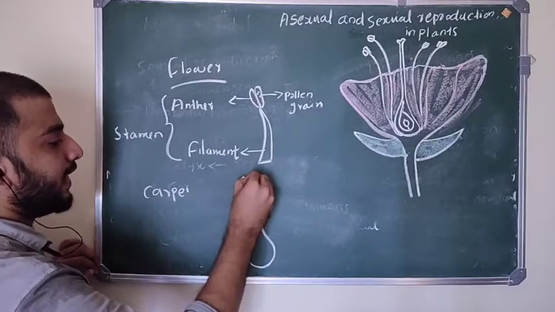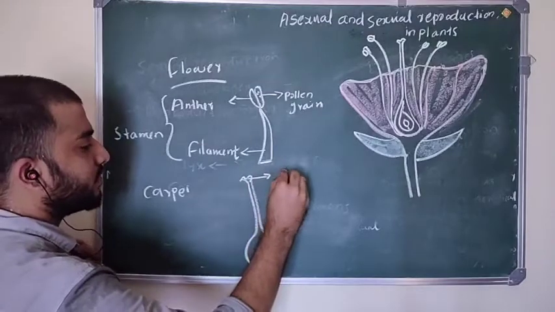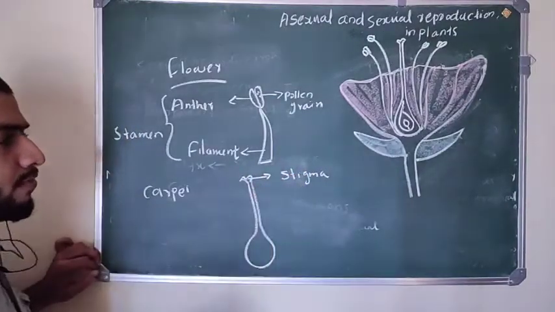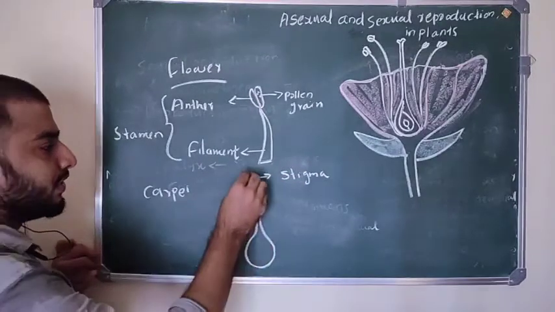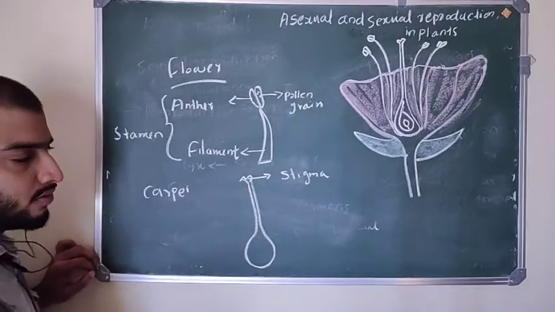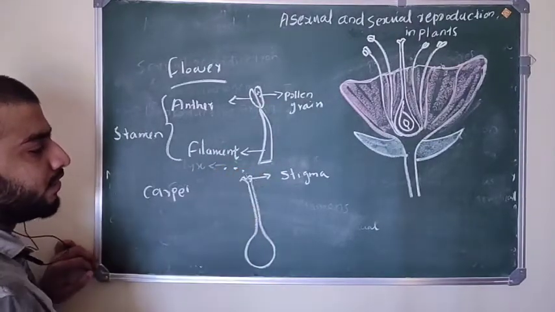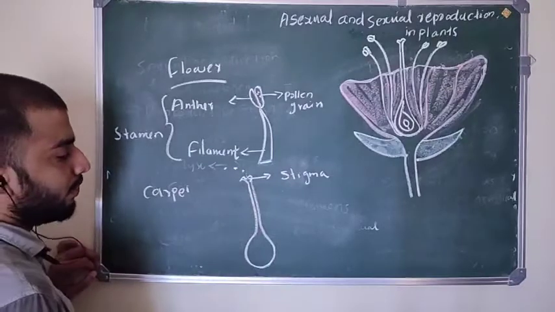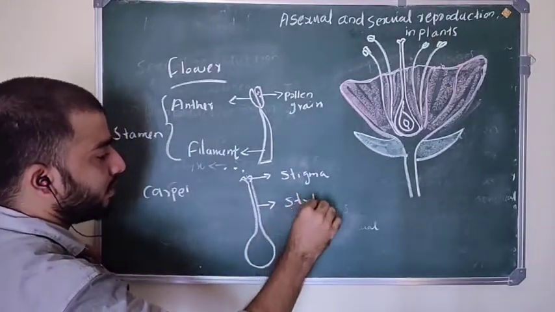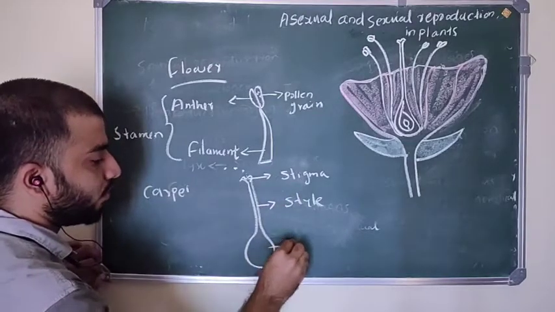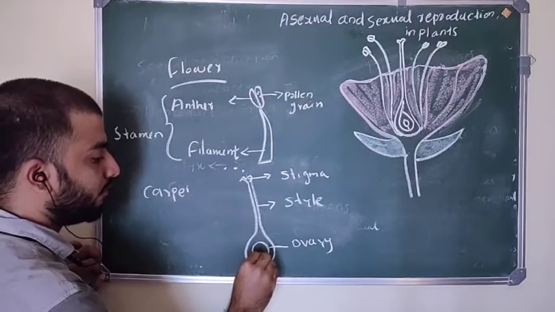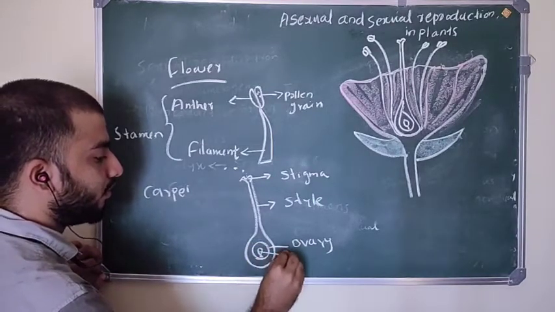At the top there is a knob-like structure, the stigma. Pollen grains from the anther of one flower land on this stigma and germinate there. Then there is a long tube-like structure called the style, which finally leads to the ovary. Inside the ovary, ovules form.